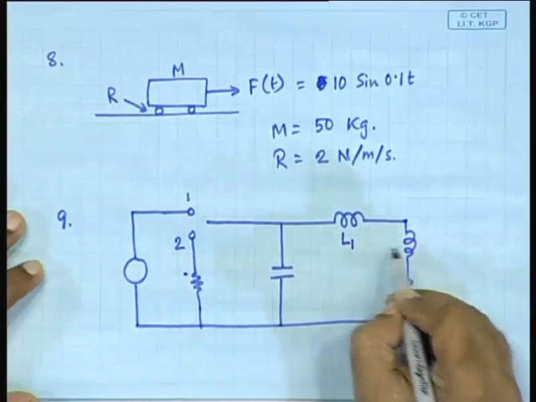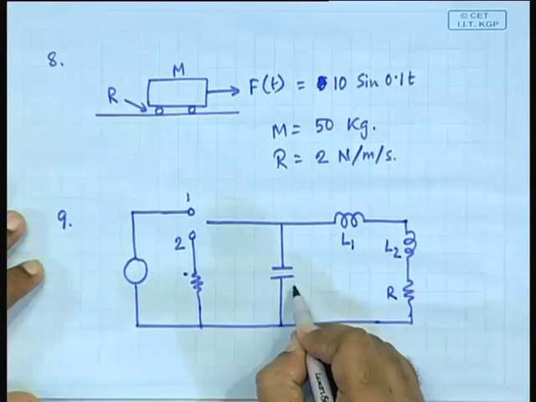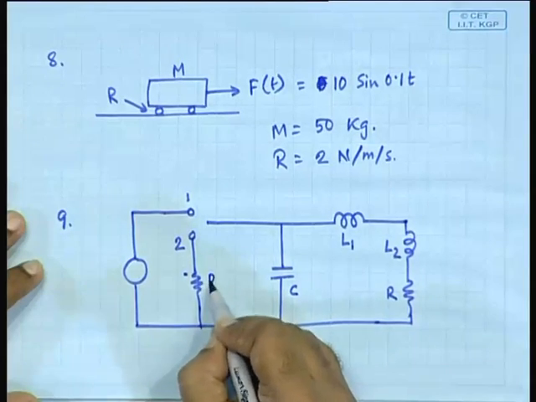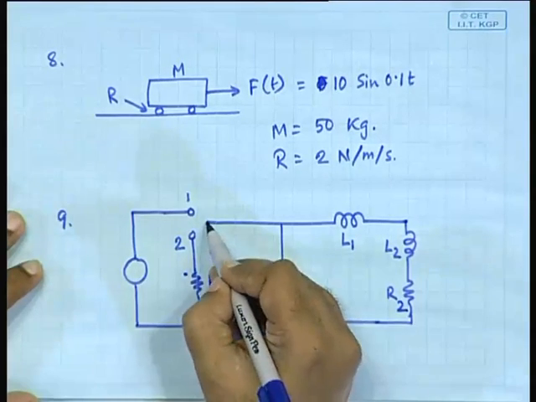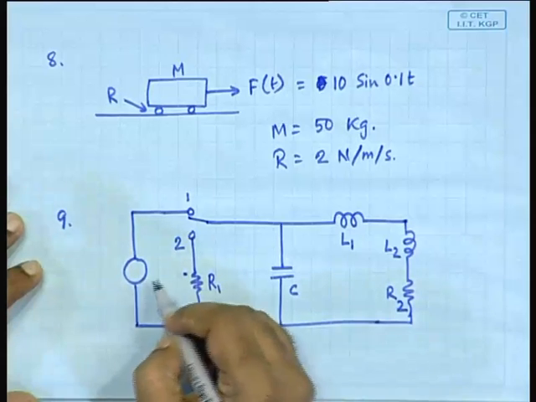So, this L1, L2, R, C, this is R1, this is R2, and you have got either this or that, here this E.